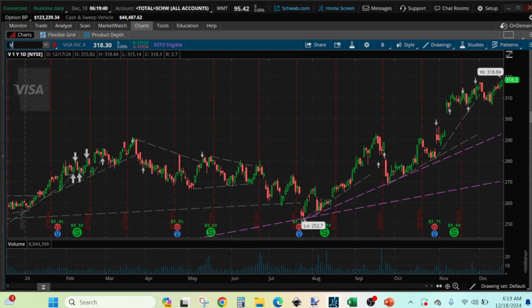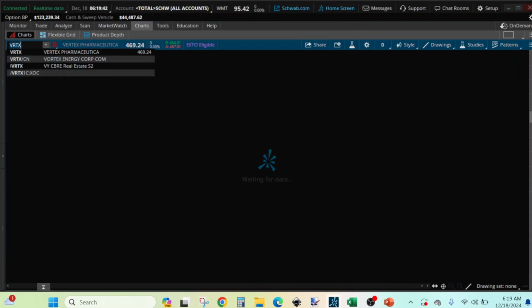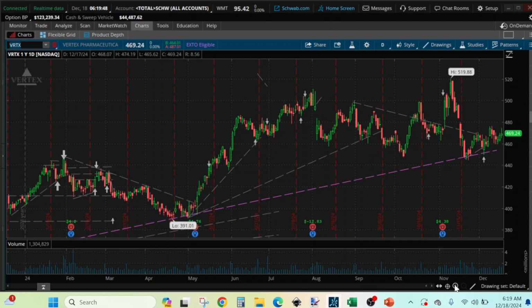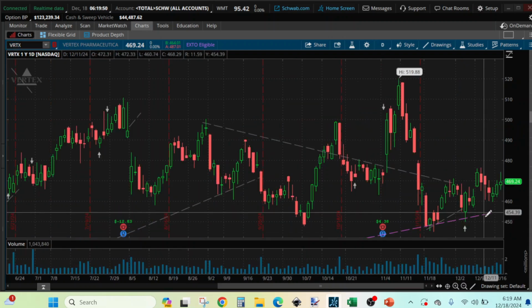VRTX. And VRTX, we bought it at that trend line, and it seems to, you see how it stayed there for a while.